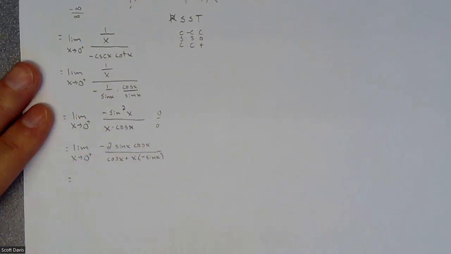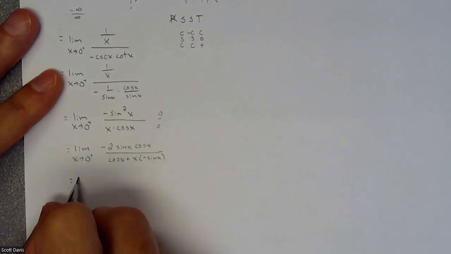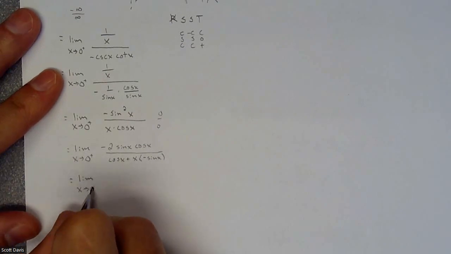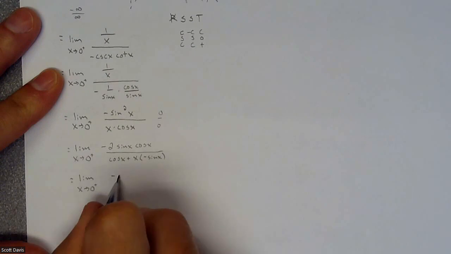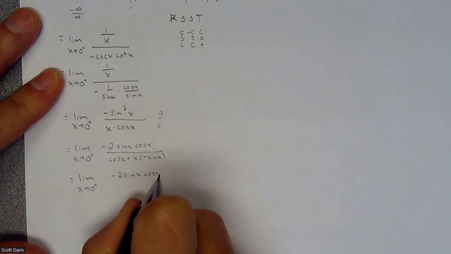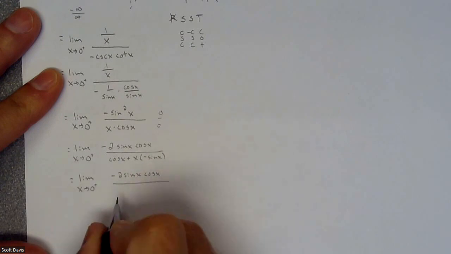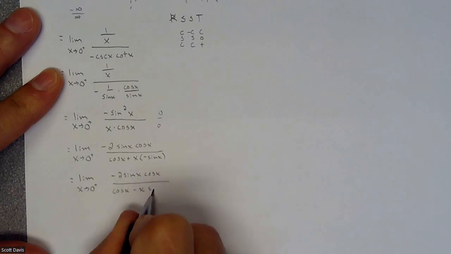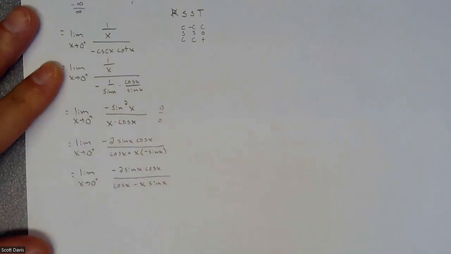So if we put all this together, we are looking at the limit as x approaches 0 from the right of negative 2 sine x cosine x divided by cosine x minus x sine x.